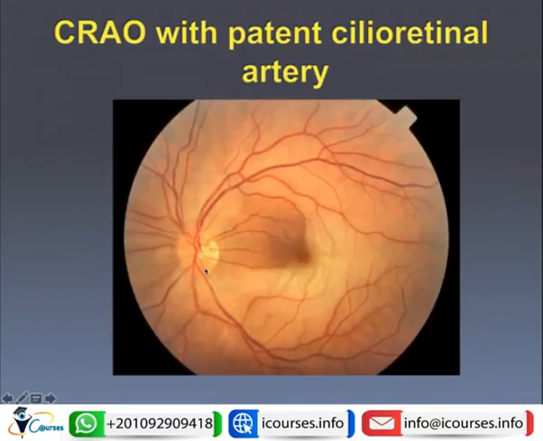However, they will have preserved central vision due to the patent cilioretinal artery, as you can see here. So the papillomacular bundle will be supplied and preserved, and these patients will still be able to maintain central vision thanks to the cilioretinal artery.